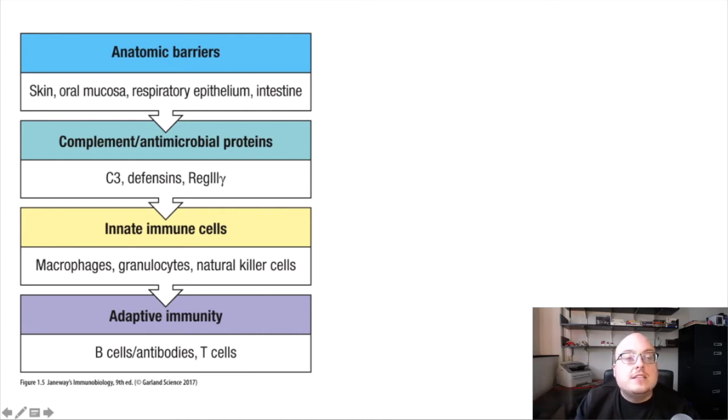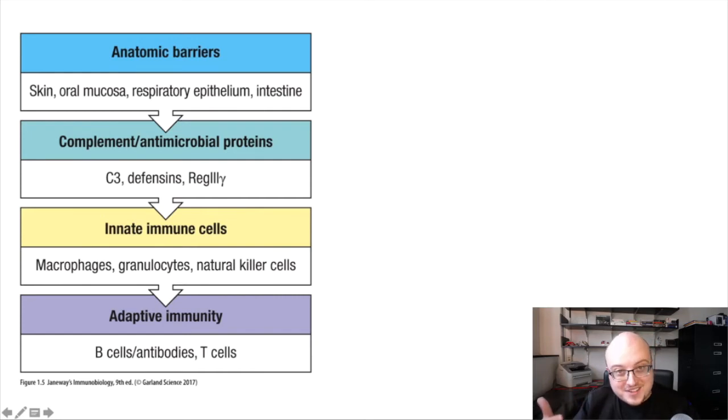These include a set of proteins called complement, which we're going to focus on in the next couple of lectures, as well as a number of other classes of antimicrobial proteins, which we'll discuss a couple of examples of in this one. The idea here is that these are fairly simple mechanisms that are very important first lines of defense, and frequently they're enough to overcome an infection.